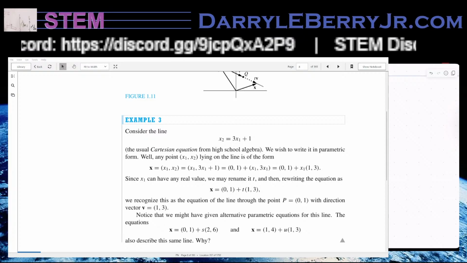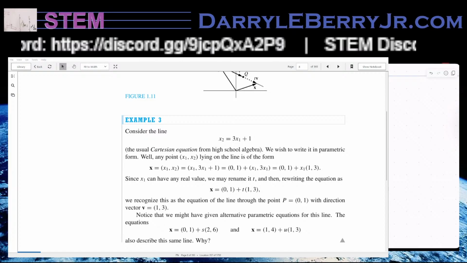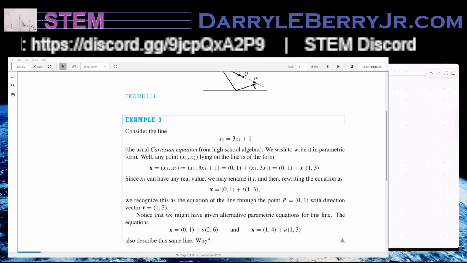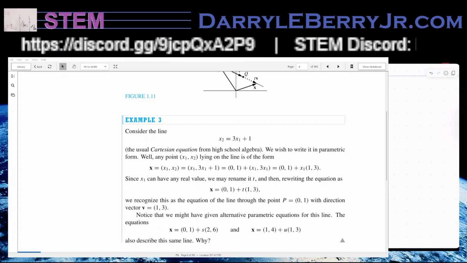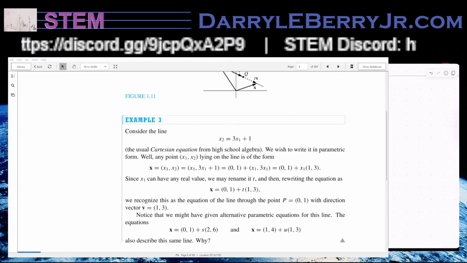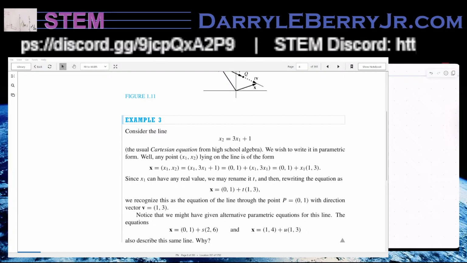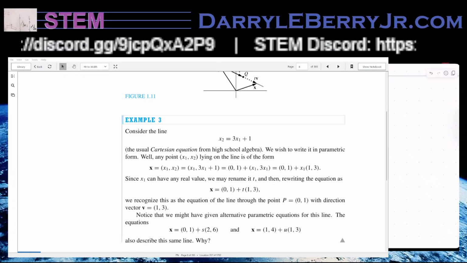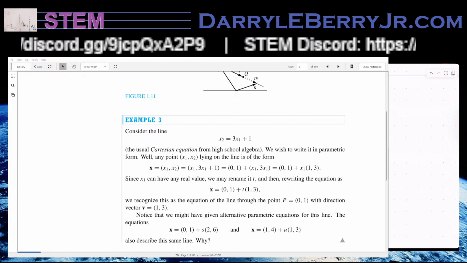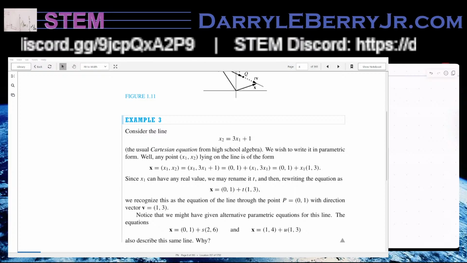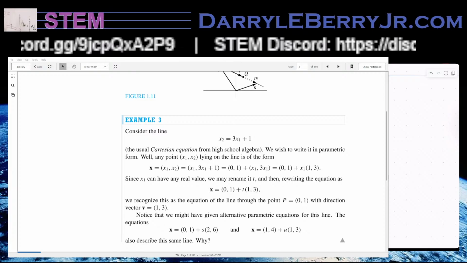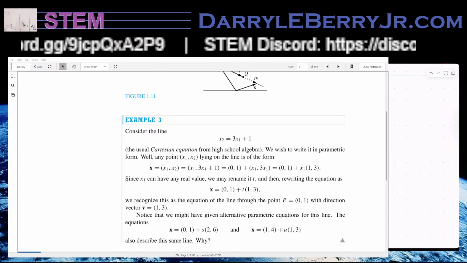So what we need to do is, it's always easier to go from Cartesian to parametric than the other way around. But let's see if we can figure this out with this problem.